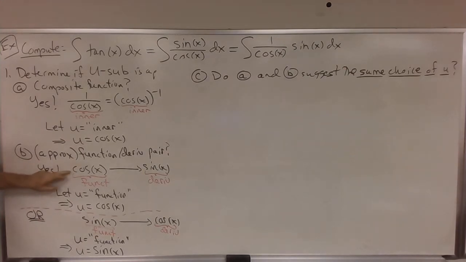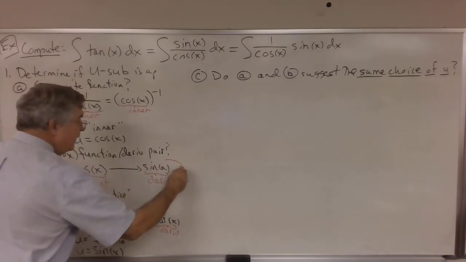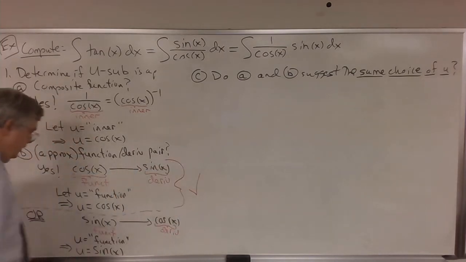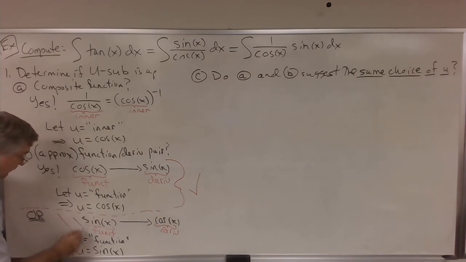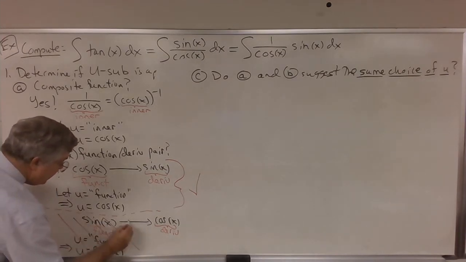And with our first choice, cosine of x being the function and sine of x being the derivative, u is cosine of x. So this is how we want things to work. If we say that sine is the function and cosine is the derivative, then we're recommending that u equals sine of x, but that doesn't match our choice up here in part A. So, no good here.